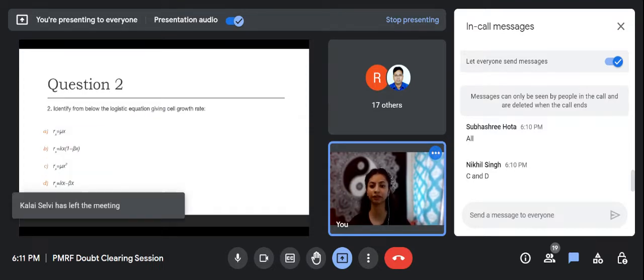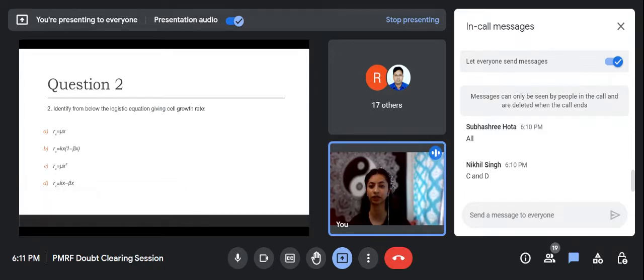Question 2 is, identify from below the logistic equation giving the cell growth rate. These are the four options. What do you think is the answer? This was mentioned by Sir in his lecture. You might not remember it, but I'll help you figure out what it is.